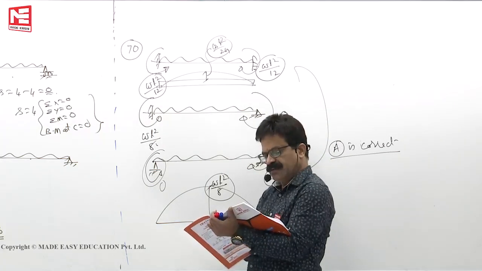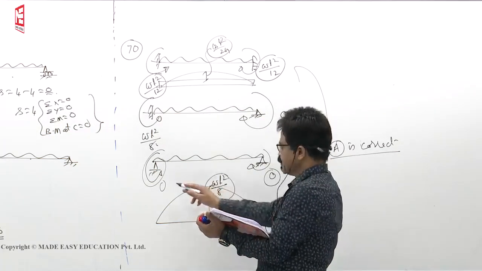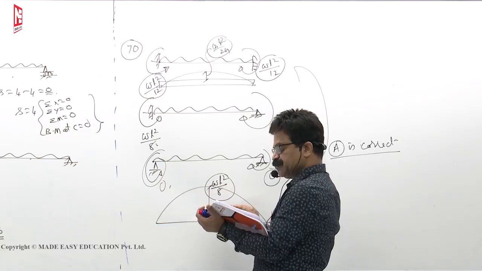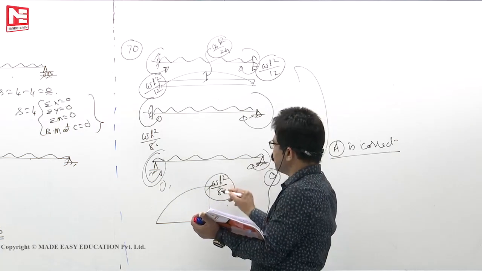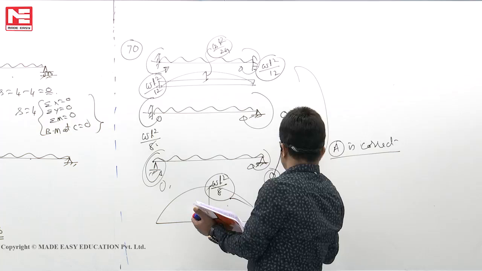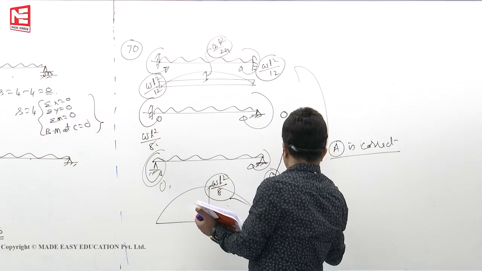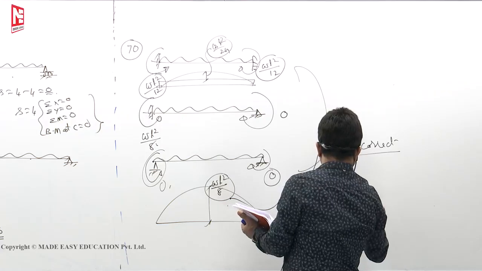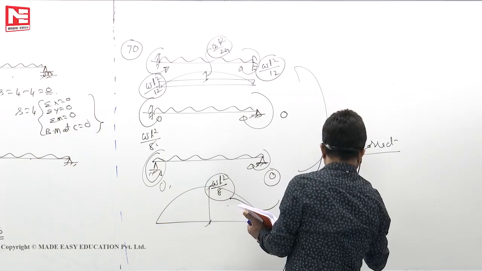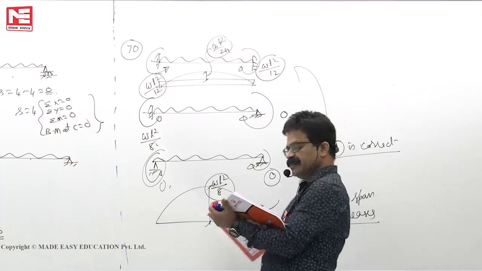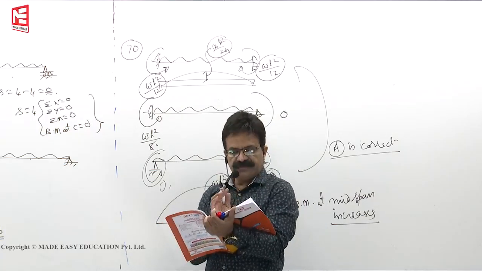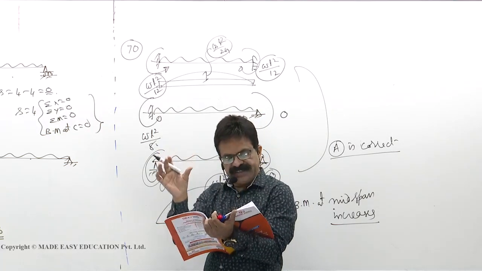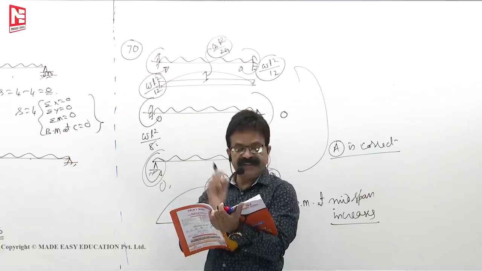If the degree of fixity of supports is lessened, maximum sagging moment at midspan decreases. It will not decrease, it will increase. So bending moment at midspan increases. So statement 2 is wrong. So degree of fixity at support lessened means sagging moment at midspan will increase.